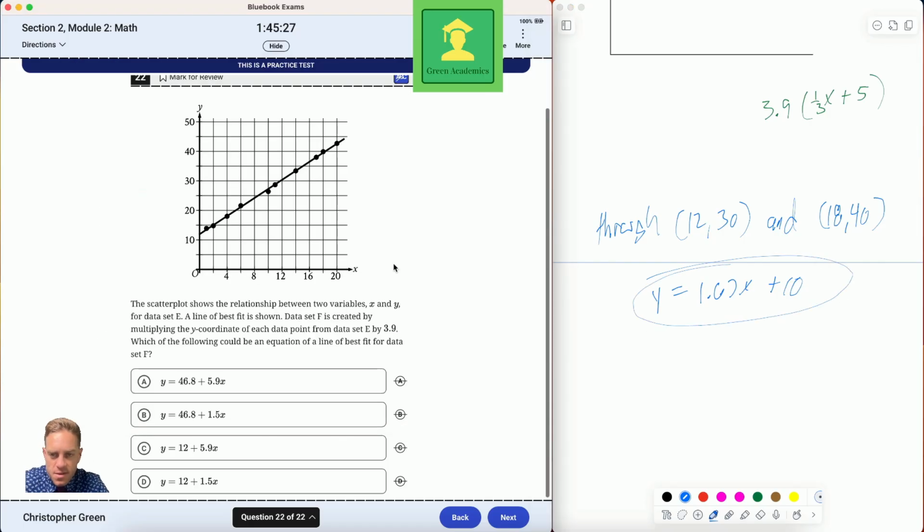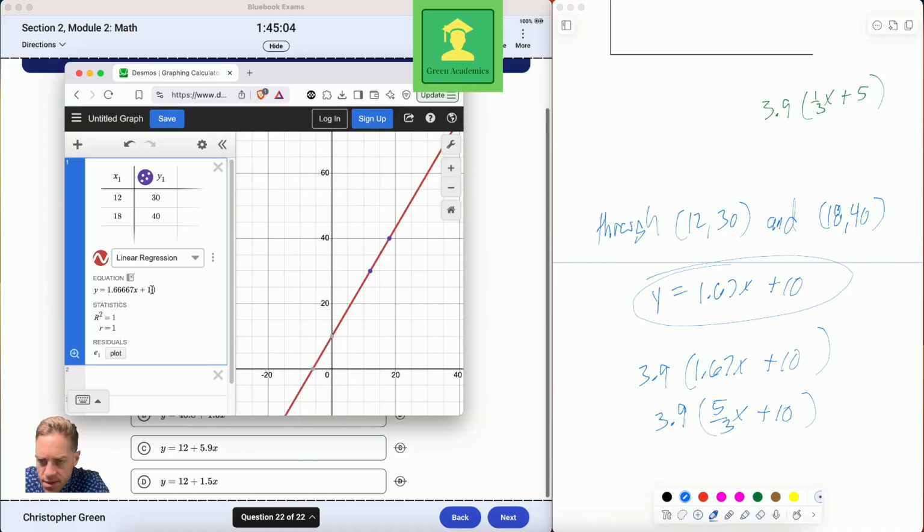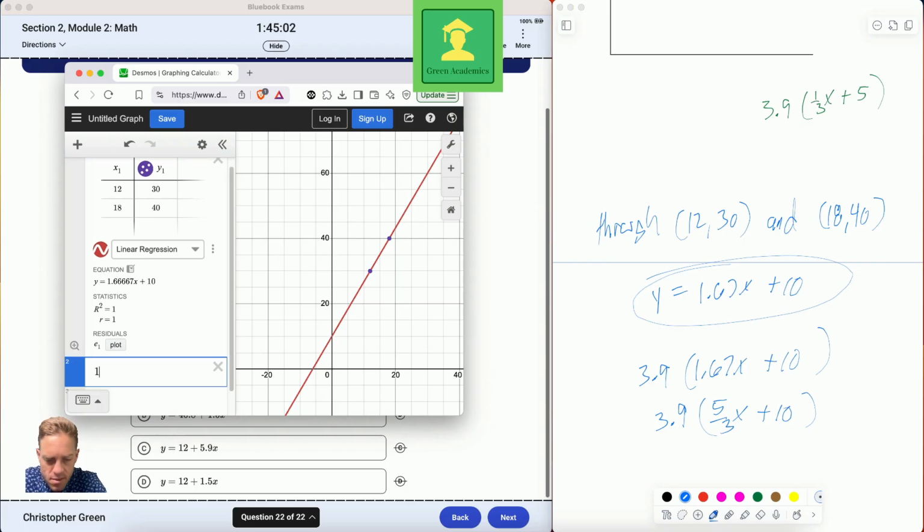So this is this. Now, if you multiply by 3.9, so 3.9 times this entire thing. Actually, now that I think about it, if you had left this as 5/3, it actually makes it well, I suppose it doesn't really matter, but let me multiply that by, so 1.67 times 3.9 gives you 6.513.